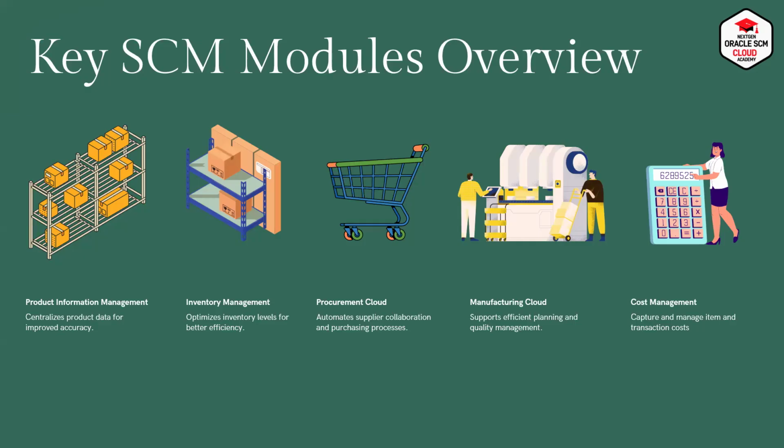Suppose you created one transaction in inventory management, all the details and costing-related values are interfaced to cost management. Similarly, if you created items in product information management, data flows to inventory, procurement, and cost management. So each and every module is related to each other, and they don't work in isolation.